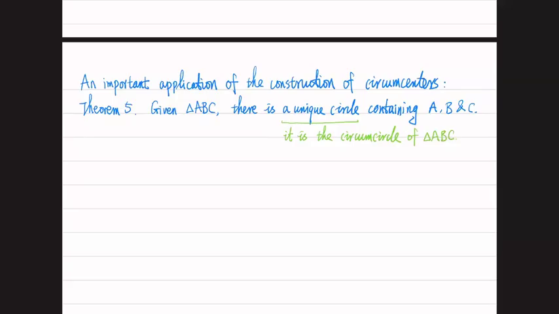So for any triangle, there's a circle containing all three vertices, and by our previous construction, it's the circumcircle of the triangle.